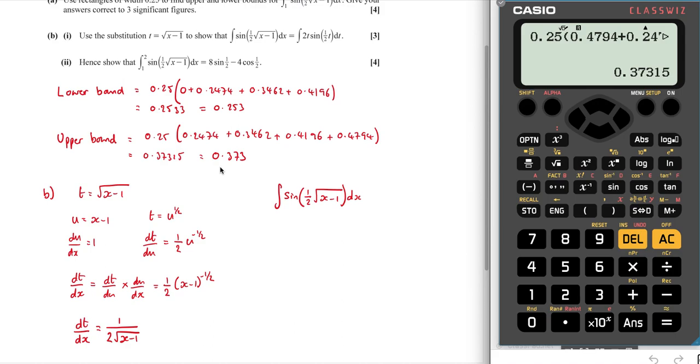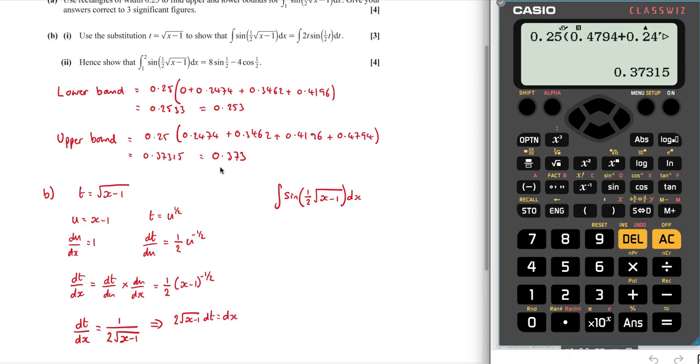I want to get dx in terms of dt. So from that bottom thing we've just done, let's do that. So we can say then that 2 root x minus 1 dt is dx.